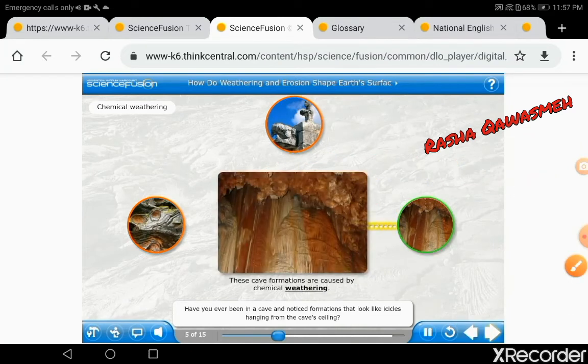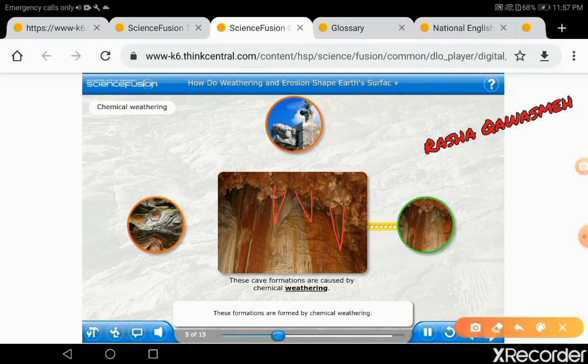Let's see next. Have you ever been in a cave and noticed formations that look like icicles hanging from the cave ceiling? These formations are formed by chemical weathering. When water seeps into the cave from above, it carries with it chemicals. When droplets form, some of these chemicals can come out of the water and add to the long rock icicle, leaving behind these formations.